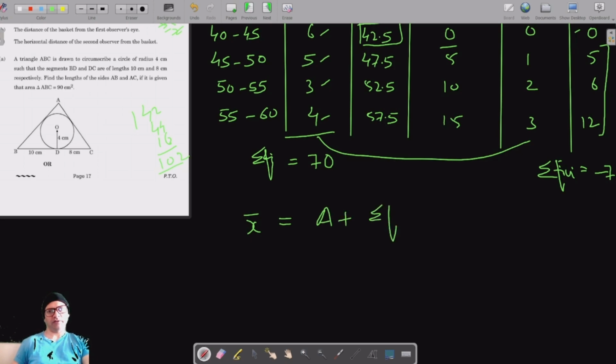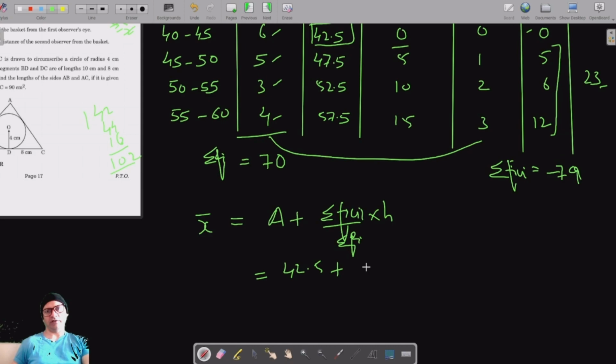a plus sigma fi ui by sigma fi into h. So a is the assumed mean, which is 42.5, plus sigma fi ui, which is negative 79, divided by 70 into 5. So this gets cancelled, it's 5 over 5 and 5 over 20.